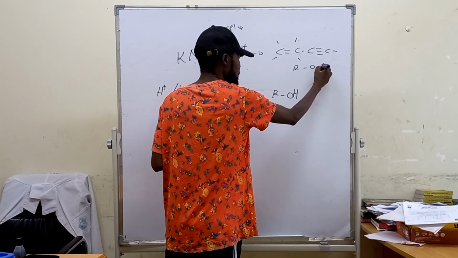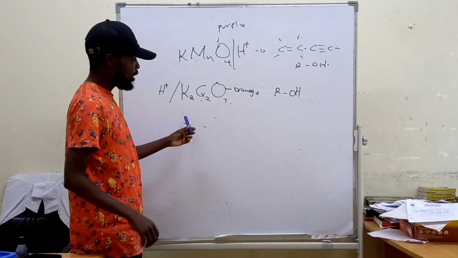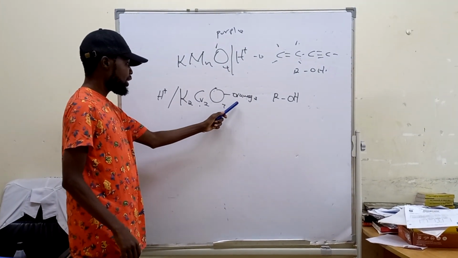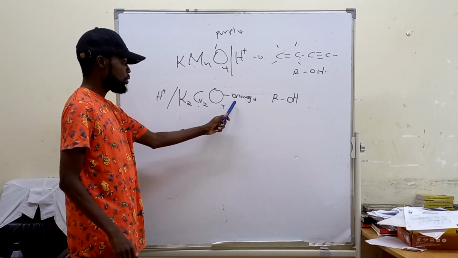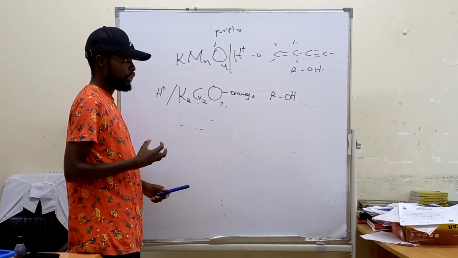But these people are not explaining for us why. If the orange color of acidified potassium dichromate 6 remains orange, you write ROH absent. But these people are not giving us the scientific meaning.